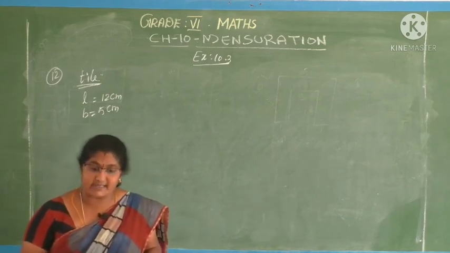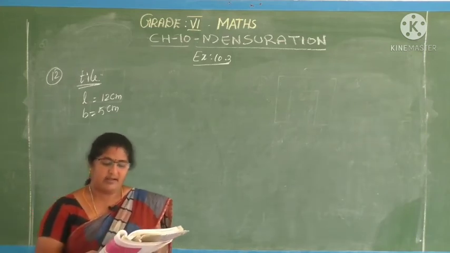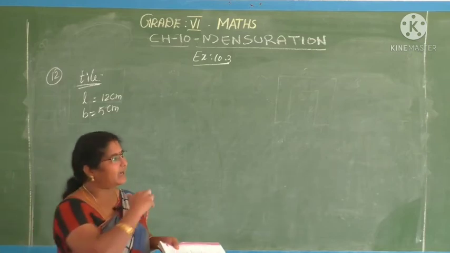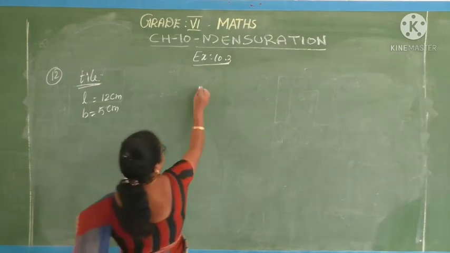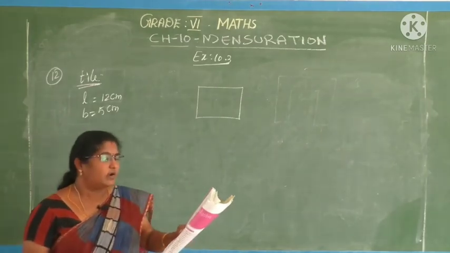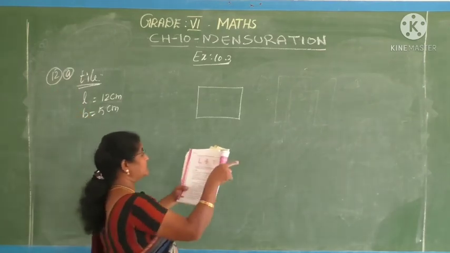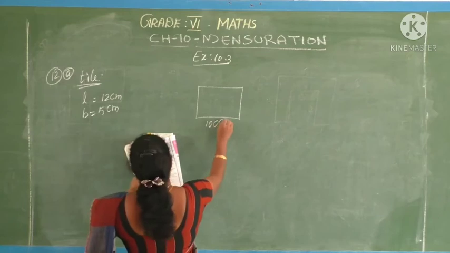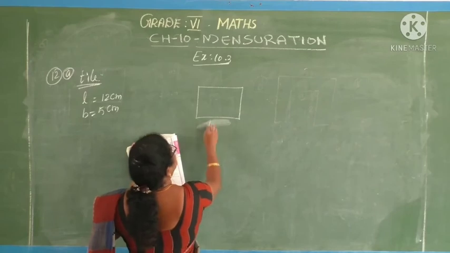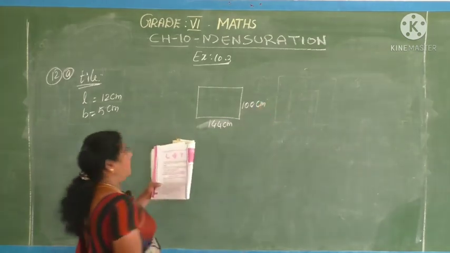Here, how many tiles will be needed to fit in a rectangular region? So there is a rectangular floor or rectangular wall, whatever it is. In it there is a rectangular region whose length and breadth are given in this question: 100 centimeter and 144 centimeter. So 144 centimeter is the length, breadth is 100.